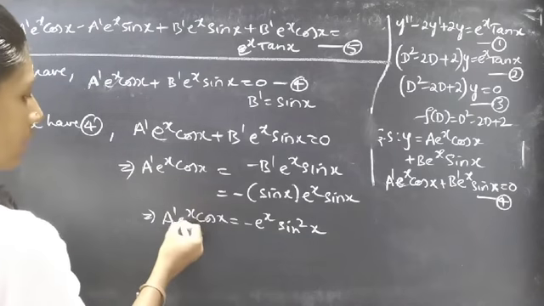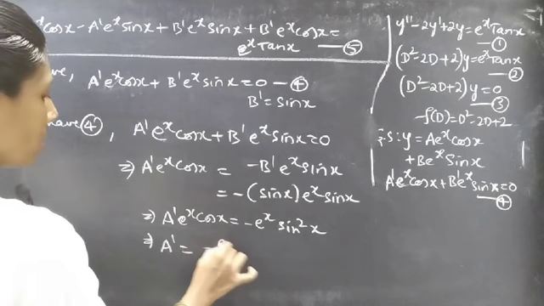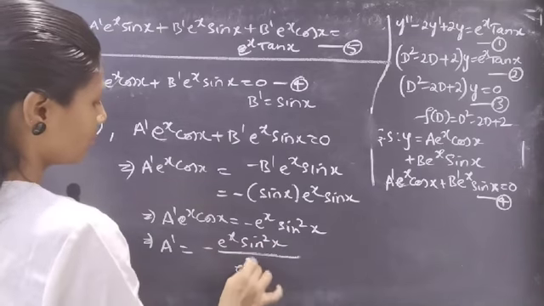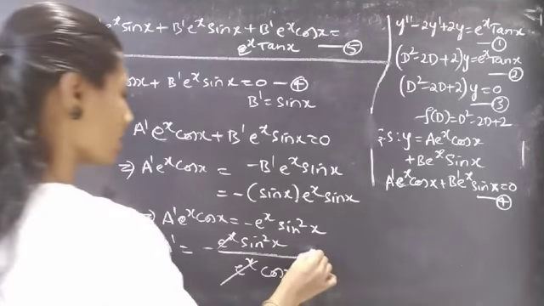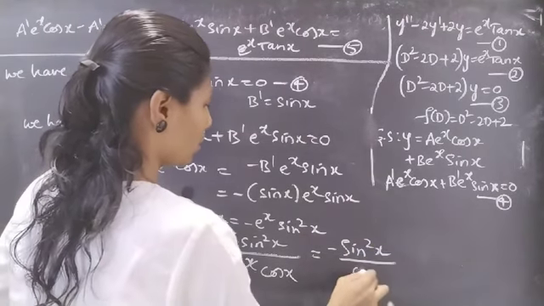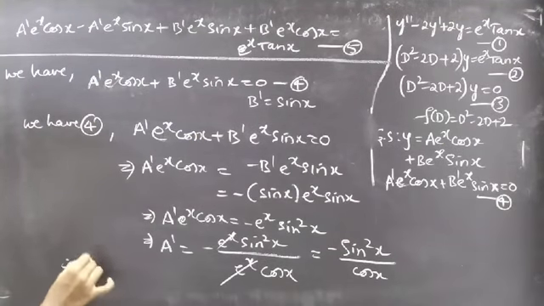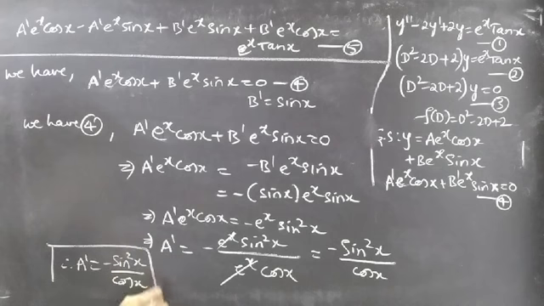Now take e power x cos x to the RHS, we'll get a dash equal to minus e power x sin square x by e power x cos x, where e power x gets cancelled and we'll get a dash equals minus sin square x by cos x. Therefore, a dash equals minus sin square x by cos x.